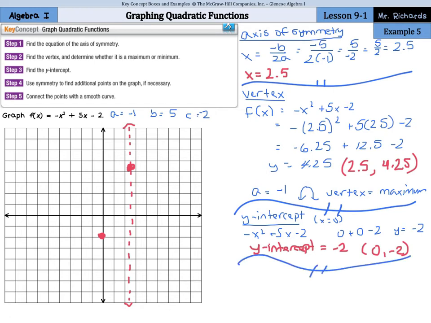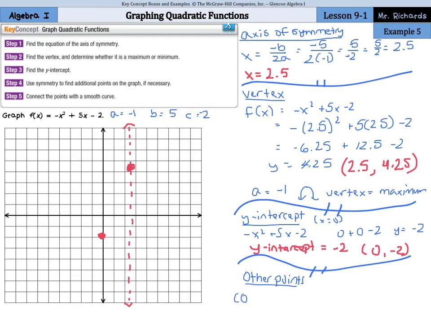And now it comes time to try to find other points. And this is where it gets to be a little bit fun. This is called an axis of symmetry for a reason. Because if we look here at this point at 0, negative 2, I should expect another point on this side of the graph that is equal distance away in line from this axis of symmetry.